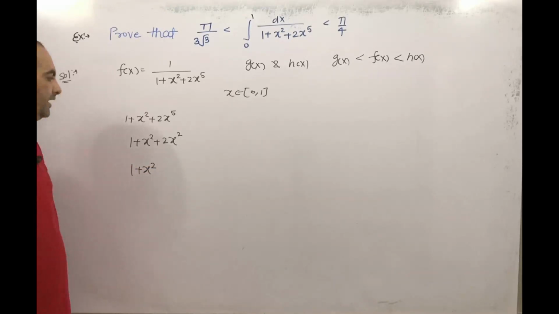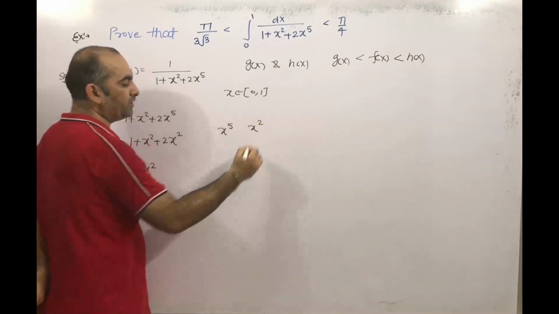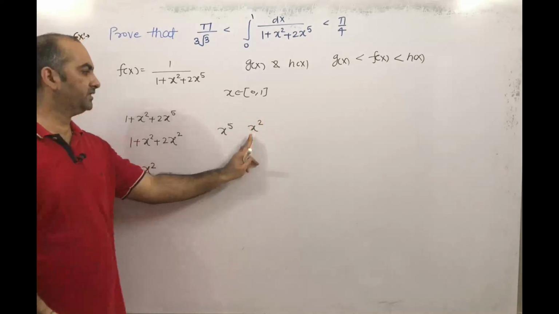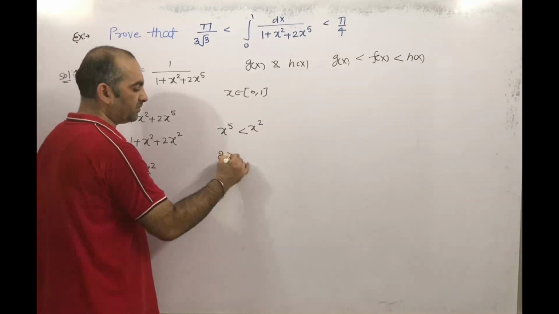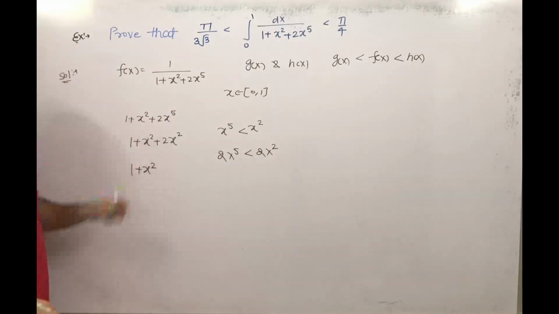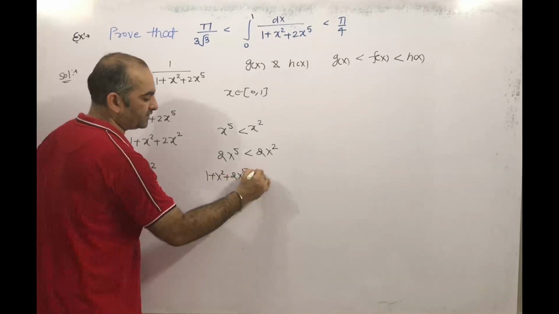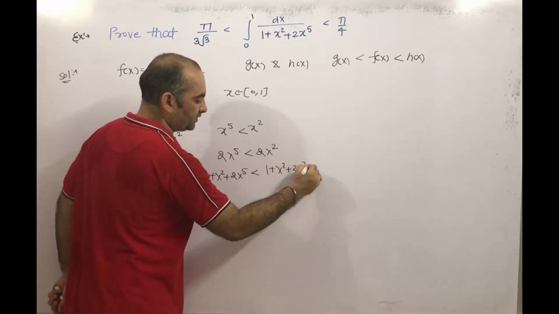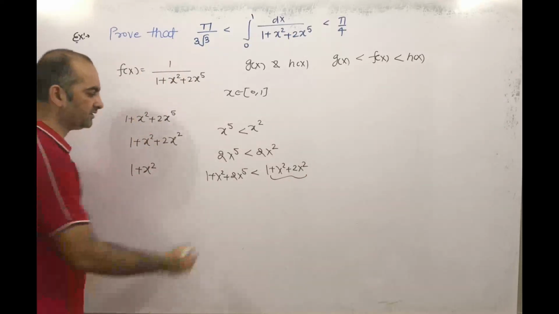Now here x⁵ and x²: which one is greater in the interval 0 to 1? We can say x² is greater. So if I multiply by 2, 2x⁵ is less than 2x². Then if I add 1 plus x², we can say 1 plus x² plus 2x⁵ is less than 1 plus x² plus 2x². Okay, so we got this one is h(x) and this is f(x).